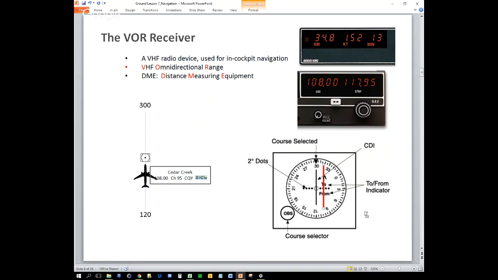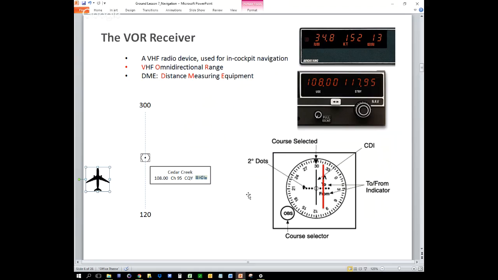So in this case, the 2 dots. If you know how far you are from the station through DME up here, then you can tell how far from the course you are. You can tell whether your airplane's like that far or like that far in nautical miles. And that's the 60-to-1 rule, which I don't have off the top of my head. I'm going to have to look that up for you guys.